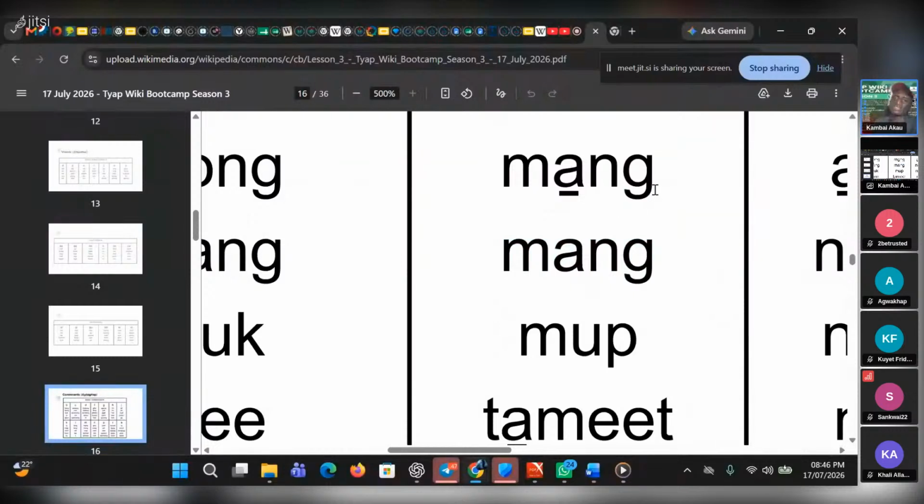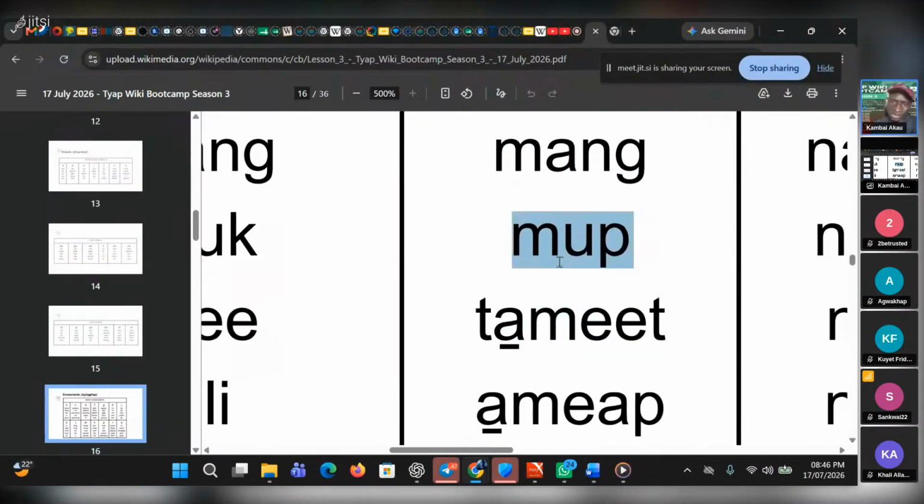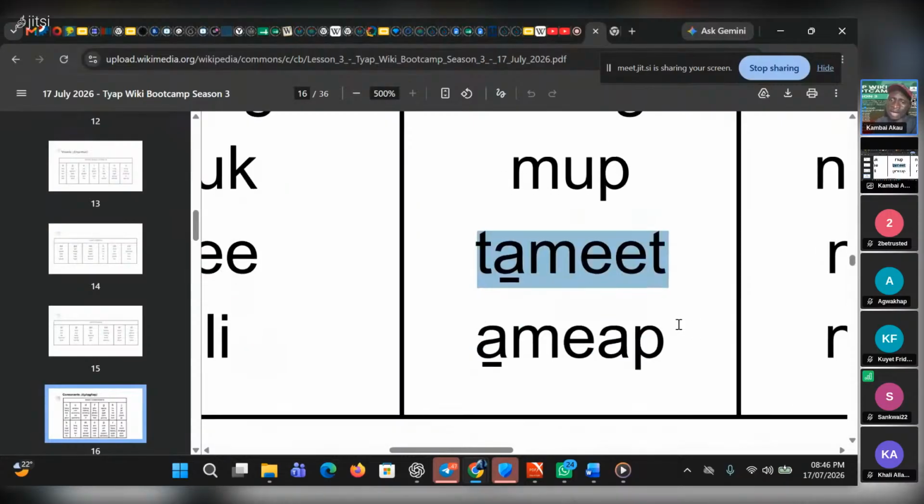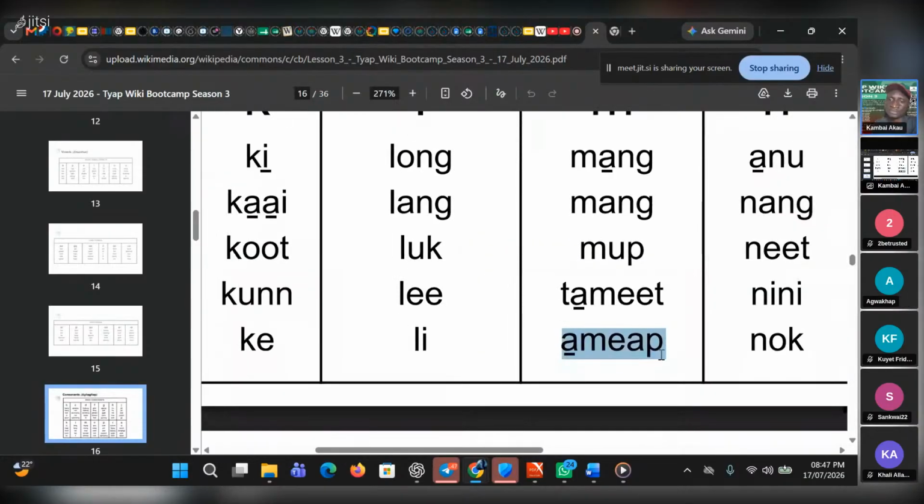And then we have mop to grab something, and then we have temate, like to clinch to something or to hold something together, and then we have a map, which is like a grass cutter.